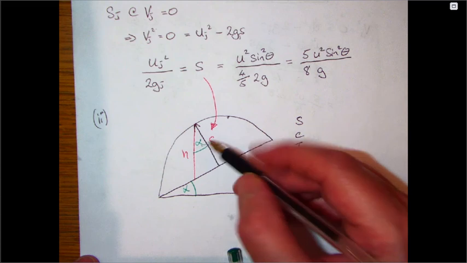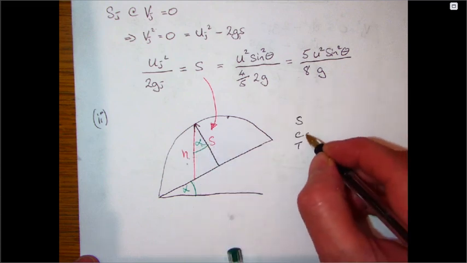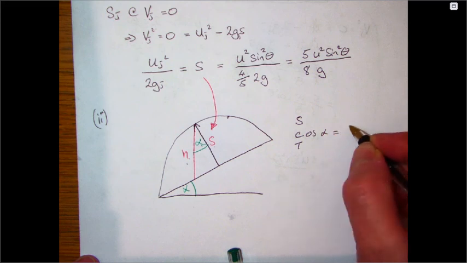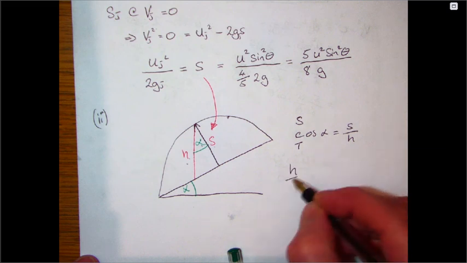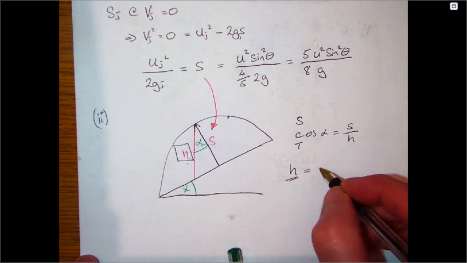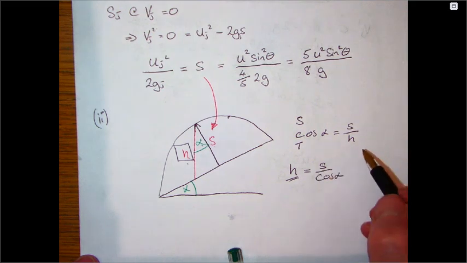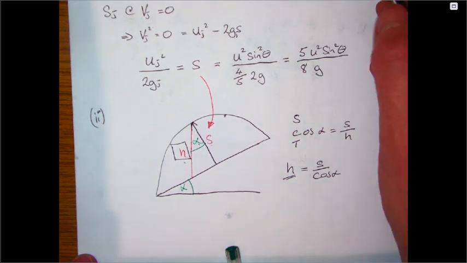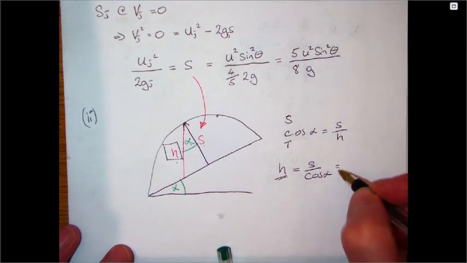Sine is this and this and this. Cos is this and this. Oh, so cos alpha would be equal to s over H, which says that H, which is what I'm looking for, always a good thing to note what you're looking for, would be equal to s over cos alpha. Oh, hang on a second, I know what cos alpha is. Cos alpha is 4/5.